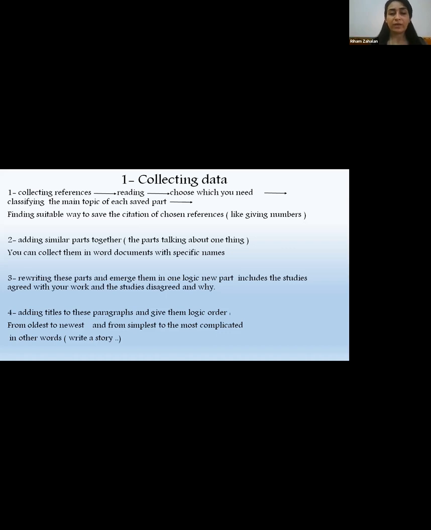Actually, it is preferable to start the writing from the oldest studies to the newest, and start from the simplest ideas and then move to the most complicated. It's just like writing an interesting story, so you can attract the reviewer to keep reading the paper.